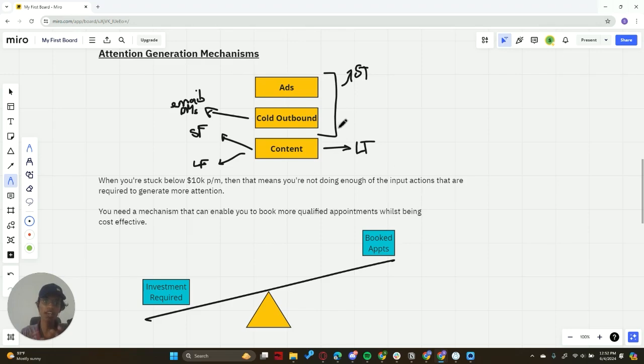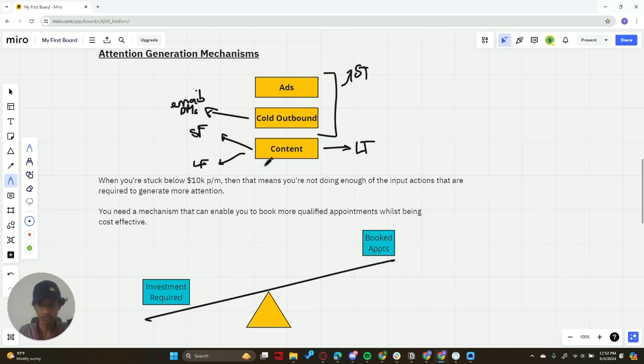You need a mechanism that can enable you to book more qualified appointments whilst being cost effective. When it comes to a high ticket service, a call-based funnel is most effective in terms of conversion, right? Because it is harder to convert a customer without a call, especially if the purchase is above $1,000.